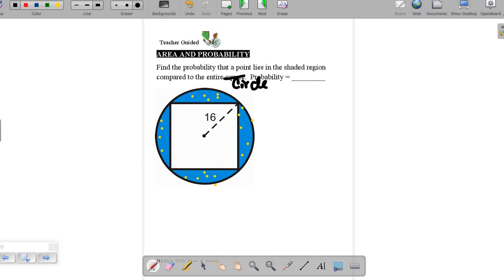So first off, we need to get the area of the shaded region. Probability is simply part over whole. To get our shaded region here, we're going to find the area of the circle, and we're going to subtract the area of the square.